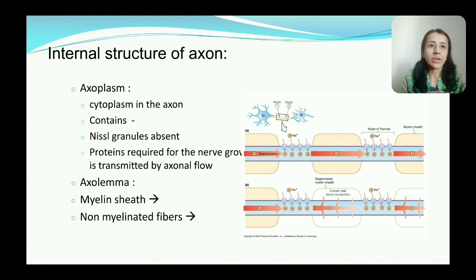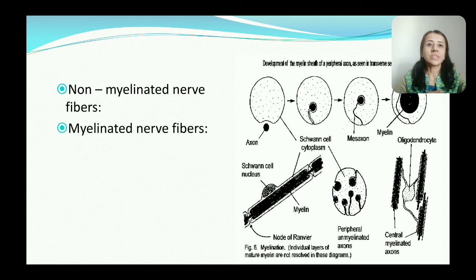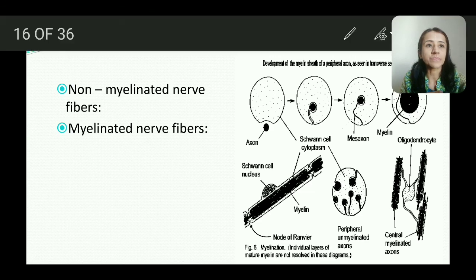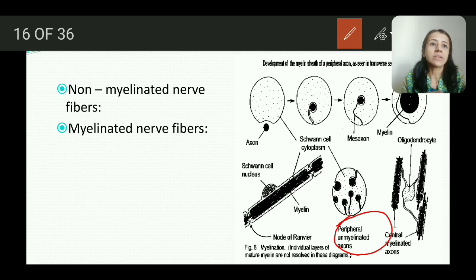It is the cell membrane of the axon, which is surrounded by the myelin sheath if the fiber is myelinated. Now you can see here the non-myelinated fiber: a single Schwann cell covers multiple nerve fibers. Whereas in a myelinated nerve fiber, the Schwann cells form the myelin sheath, you can see.